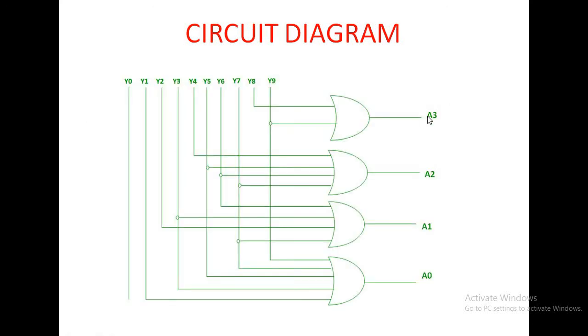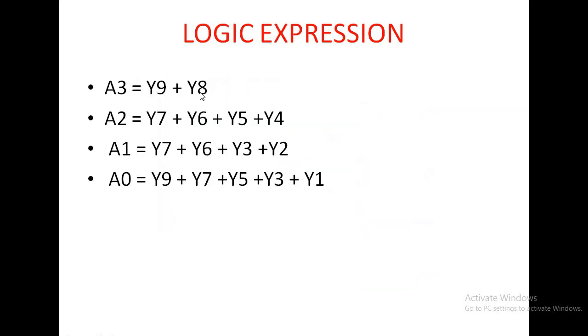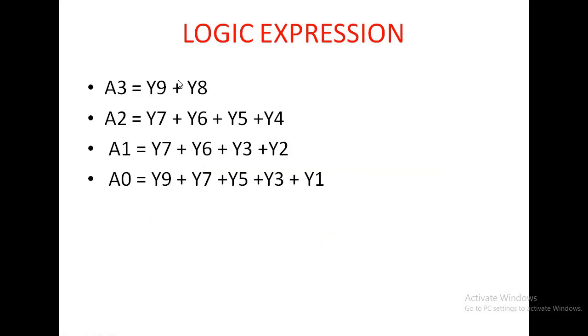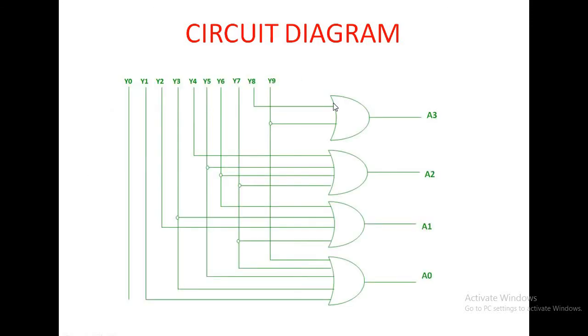See, what is A3? A3 means Y9 plus Y8. So this is Y9 and this is Y8, and both these inputs are combined with an OR gate. And A2 is equal to Y4, Y5, Y6, Y7, and this is the OR gate.